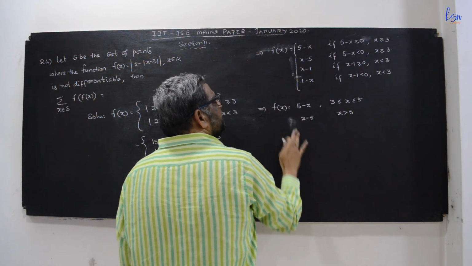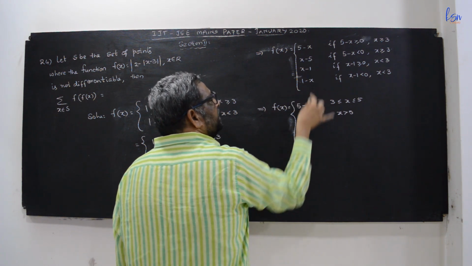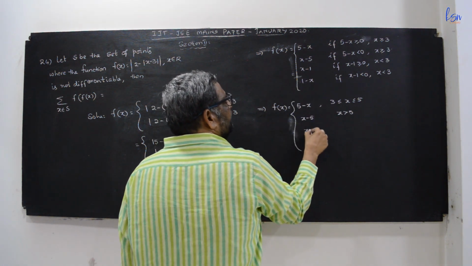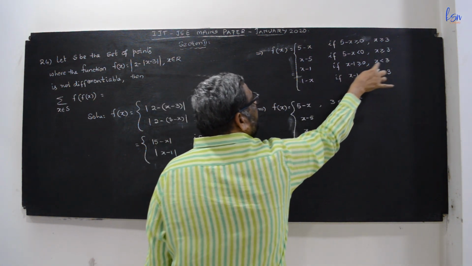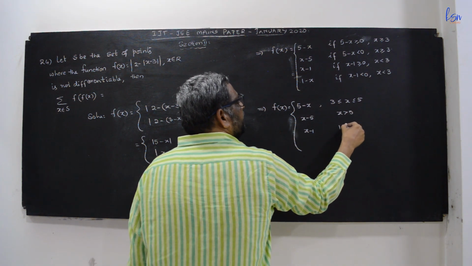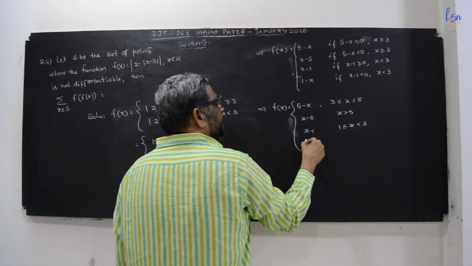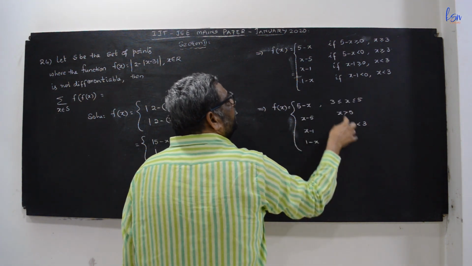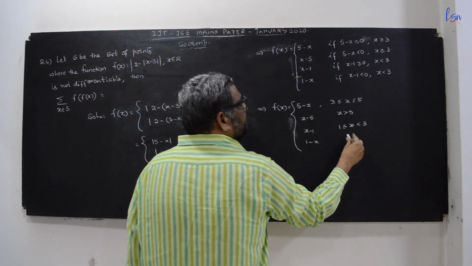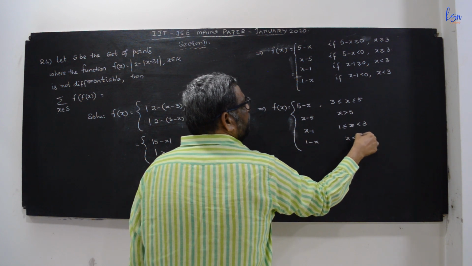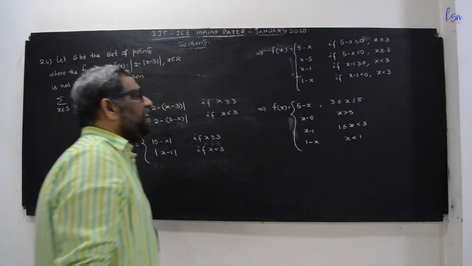And this is x minus 1 for x greater than or equal to 1 and x less than 3, so 1 less than or equal to x less than 3. And this is 1 minus x for x less than 1. So this is the function prepared.